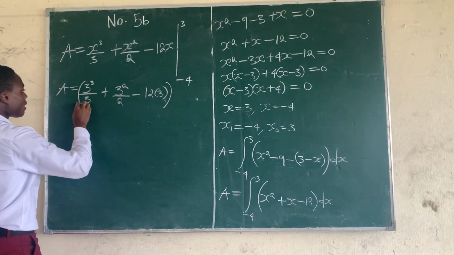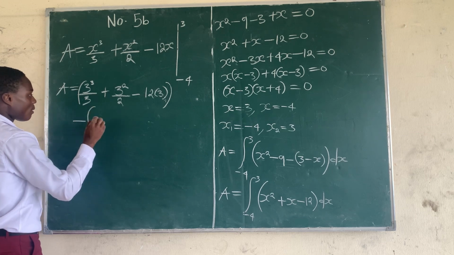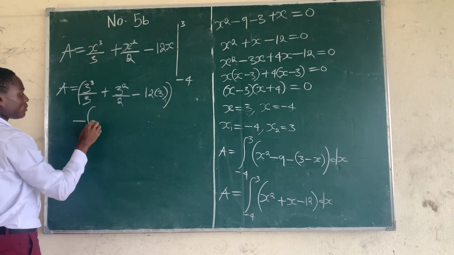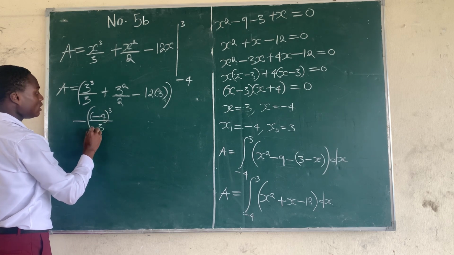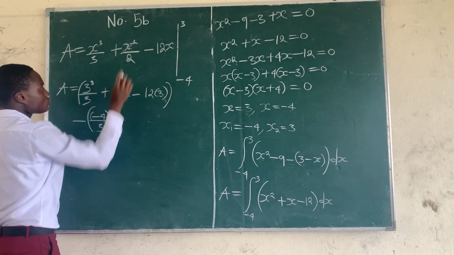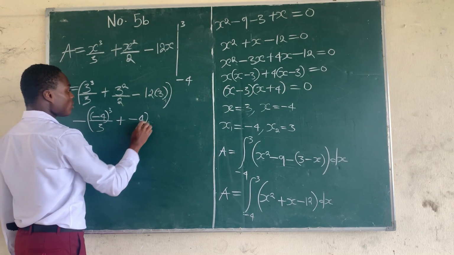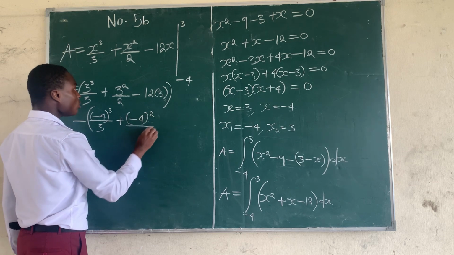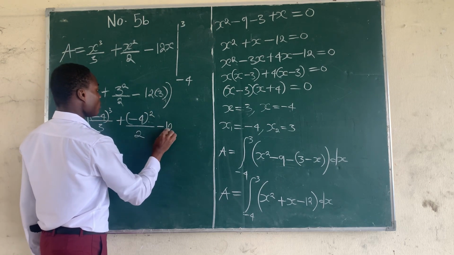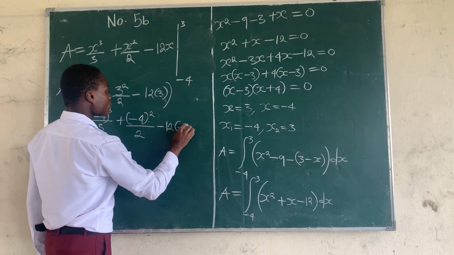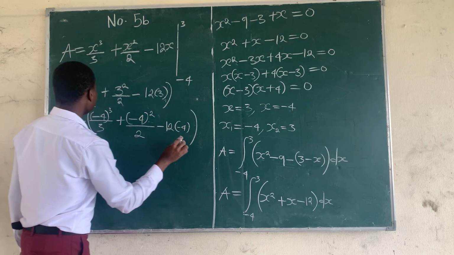So I'm going to put this in brackets and subtract it from our lower limit. You substitute minus 4, you have minus 4 to the power of 3 over 3 plus minus 4 to the power of 2 over 2 minus 12 into minus 4, and then you simplify.